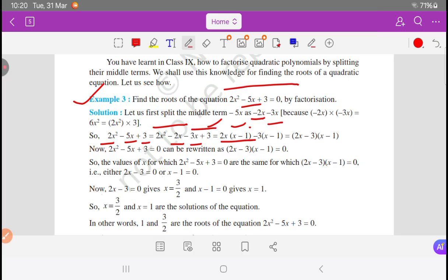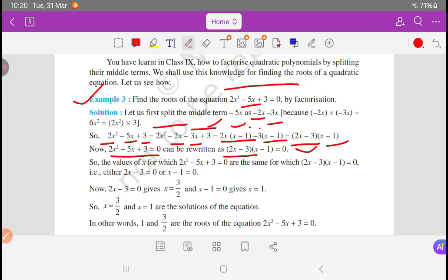From minus 3x plus 3 you take out minus 3 common. Then what is left is x minus 1. So rearranging this, you will get 2x minus 3, x minus 1. So this equation can be written as 2x minus 3 multiplied by x minus 1 equal to 0.